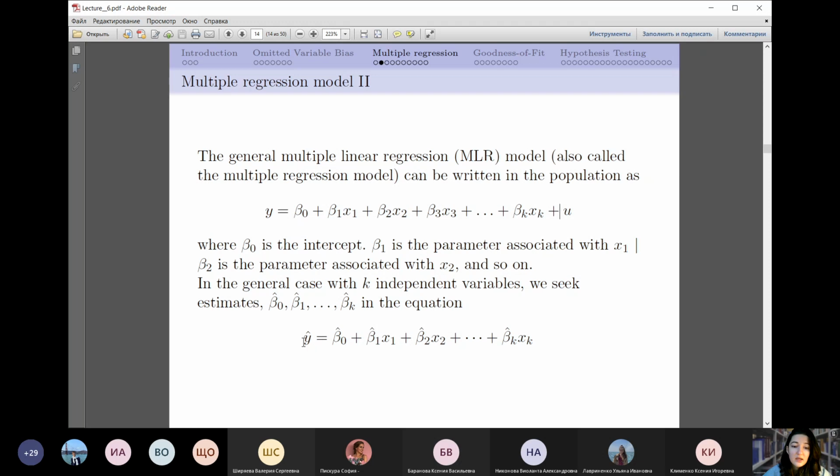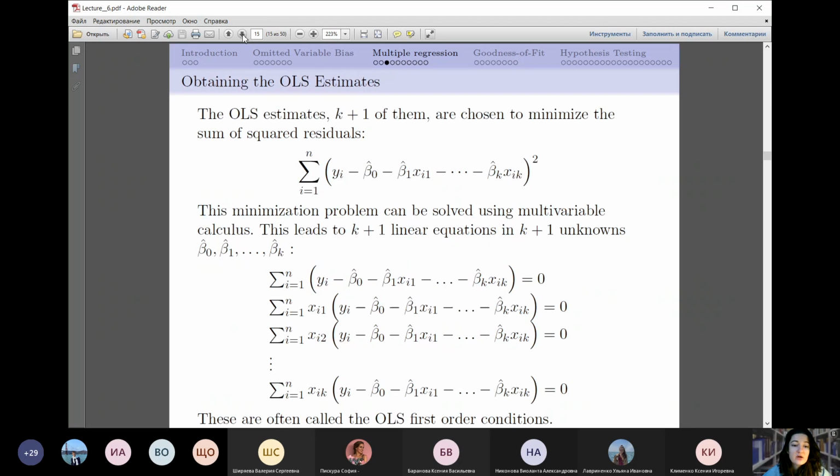And the estimated equation will look like this one, where you add a hat over the dependent variable and your beta parameters, and also you have k explanatory variables.